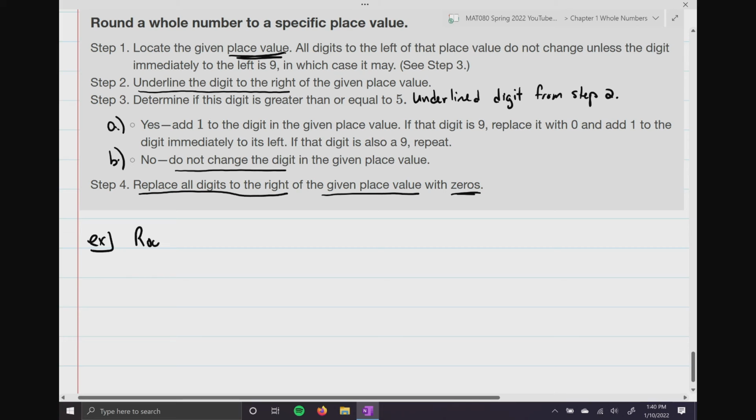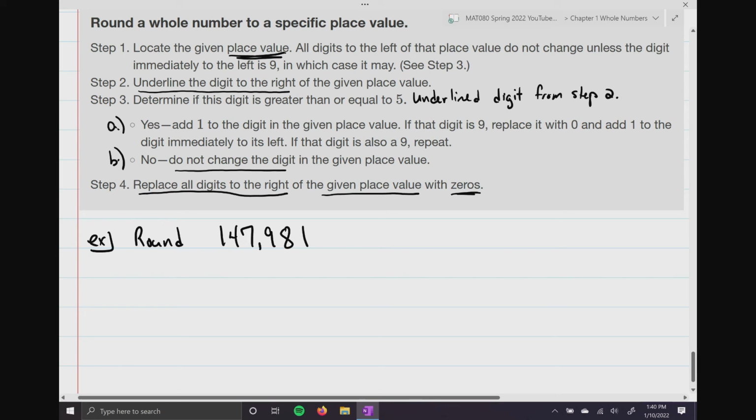So we're going to round, and let's pick a random number here. Let's make this 5 a 4. There we go.